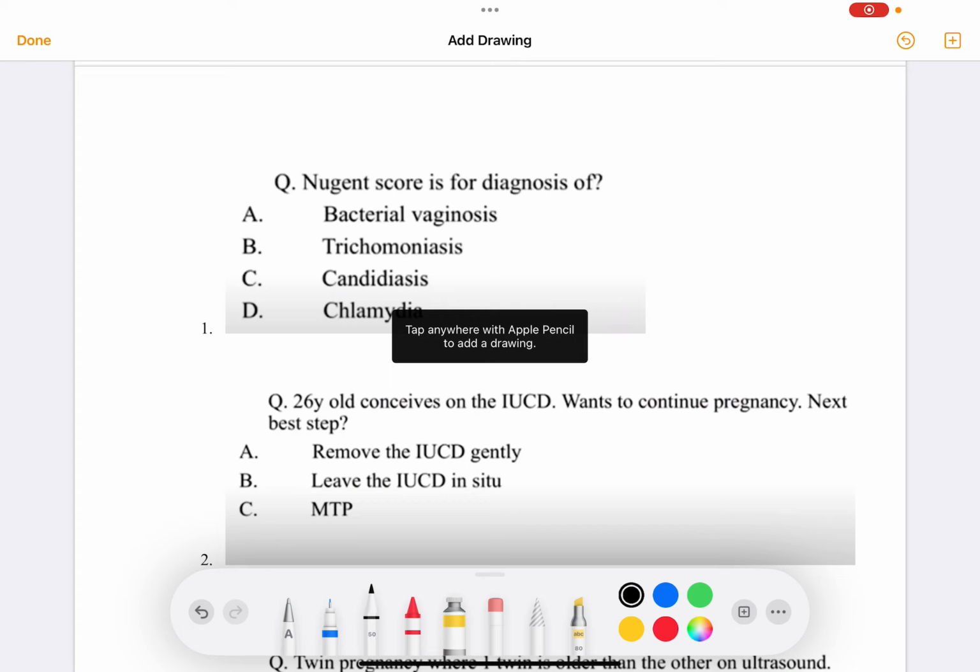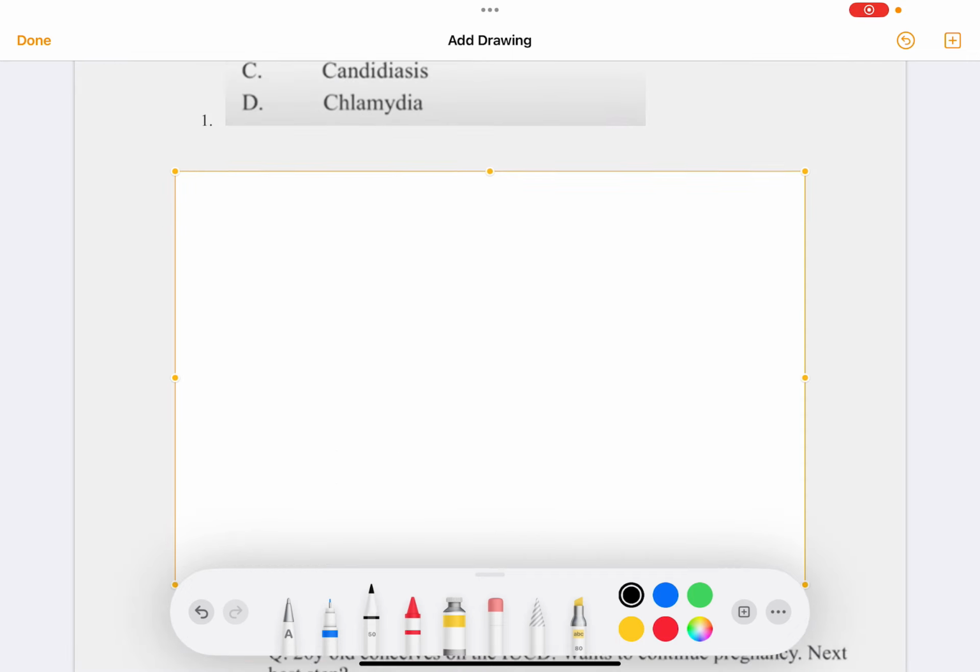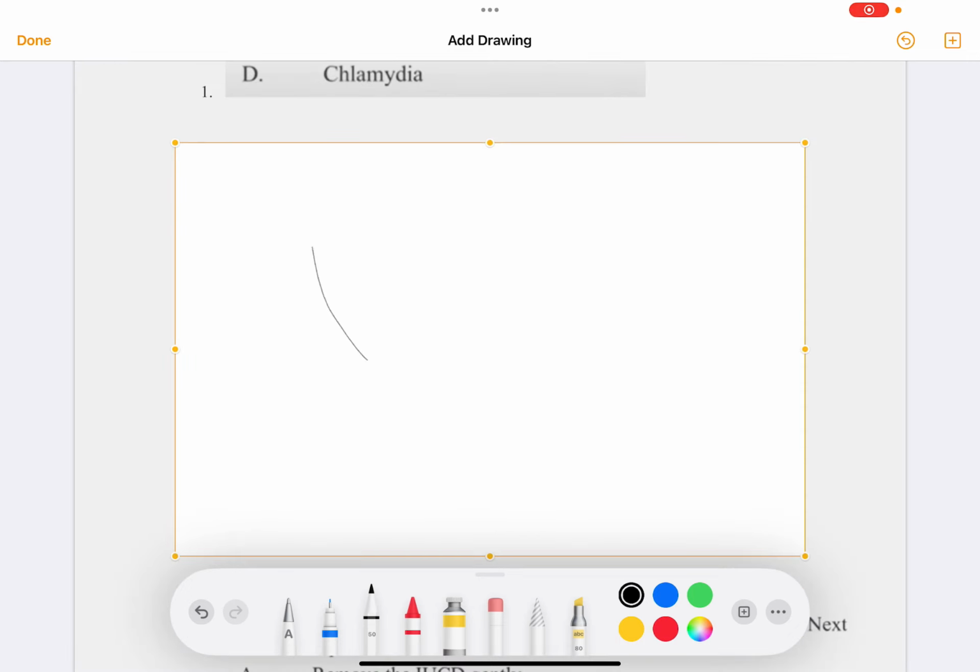Question number 2: a 26-year-old conceives on the IUCD and wants to continue the pregnancy. What is the next best step? When a patient becomes pregnant with an IUCD in situ, once we have diagnosed the pregnancy, we try to catch hold of the thread of the IUCD and pull it down.